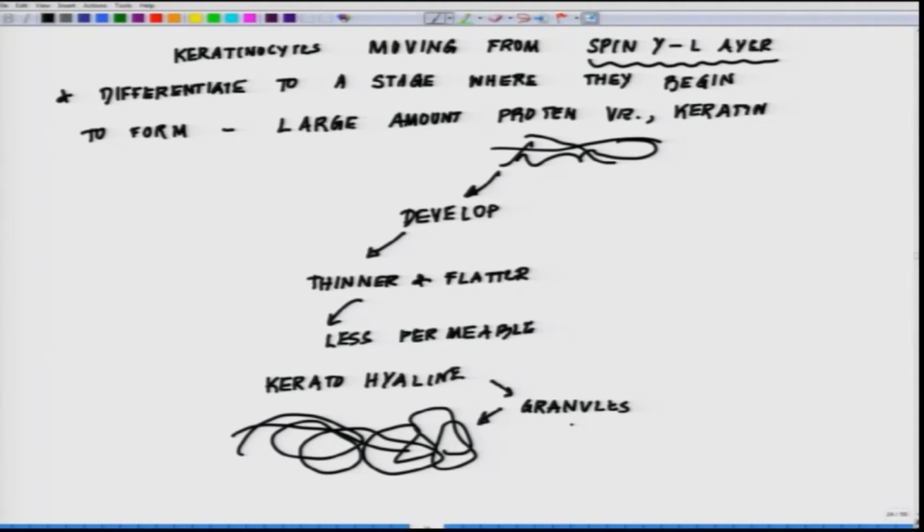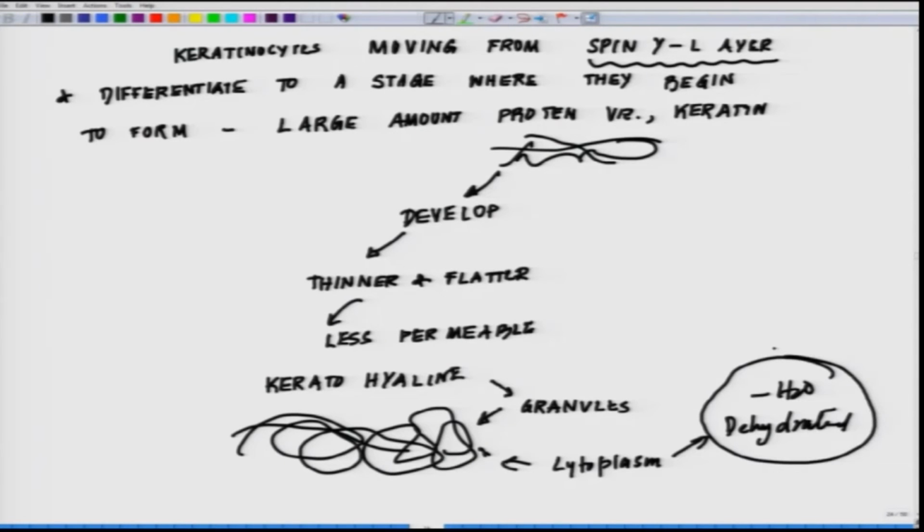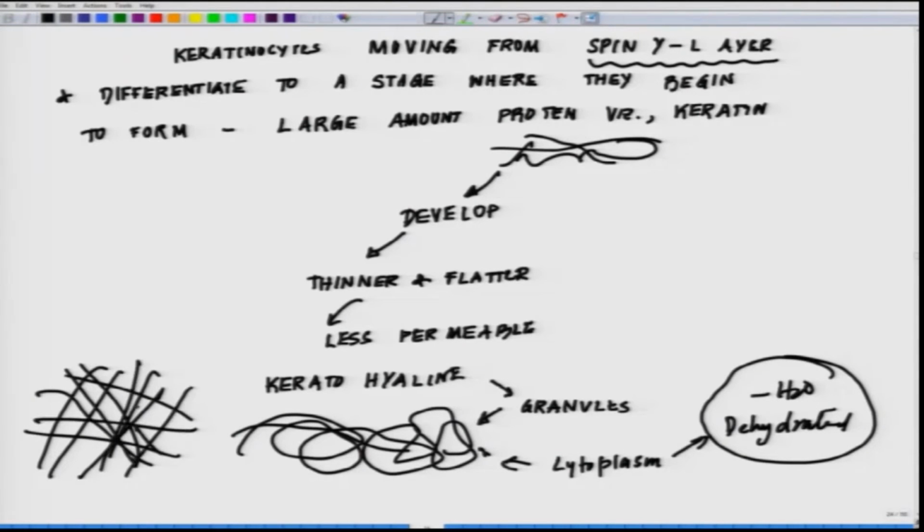and as it becomes dense, because of the presence of this keratohyalin, the cytoplasm gets dehydrated, minus water. They get completely dehydrated, and there is a lot of cross linking of keratohyalin fibers, and eventually these cells in this layer form a huge meshwork like this, which does not allow water to percolate down.